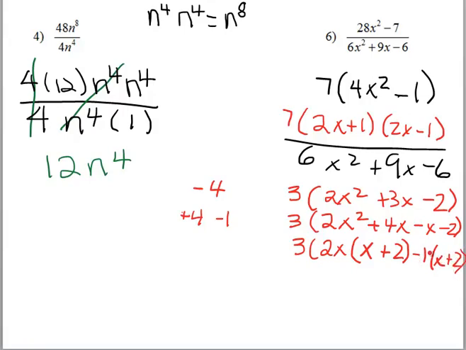Because remember, pulling out a negative out of a negative leaves behind a positive. So that's going to be 3 times 2x minus 1 times x plus 2.